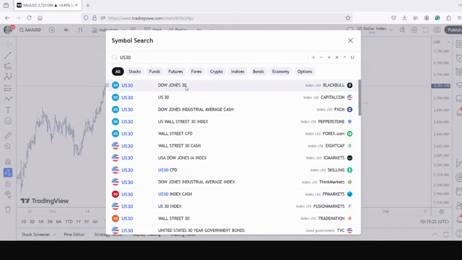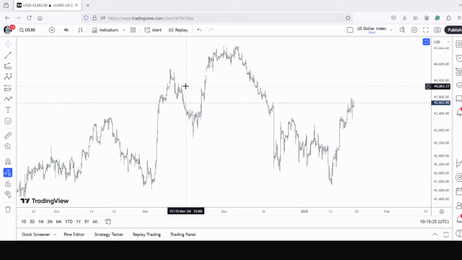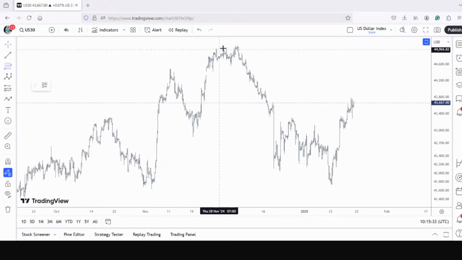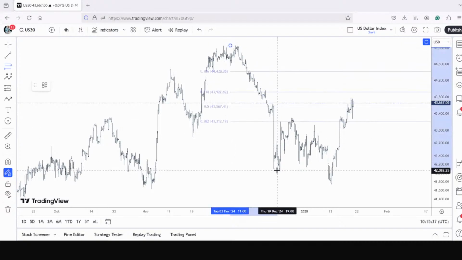All right, Dow Jones. I think Dow Jones just hit the 61.8% mark. This is a futures chart. Yesterday the cash market was closed. Today at open, we can see a potential gap open around the 44,000 mark.